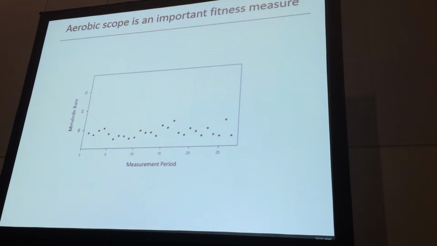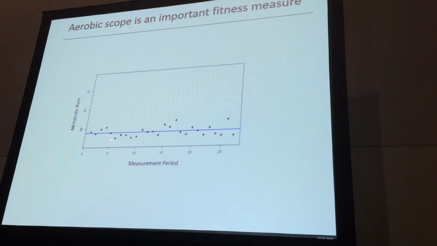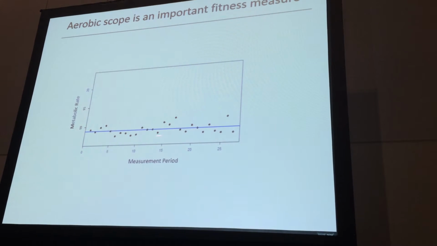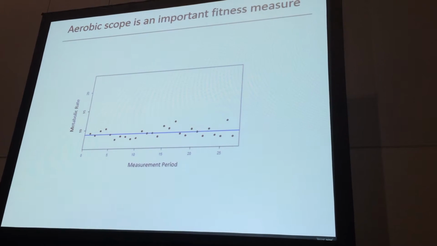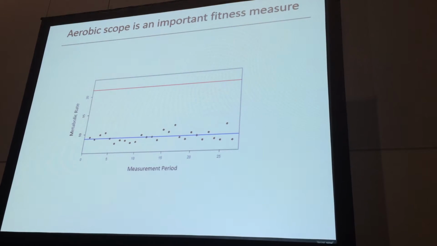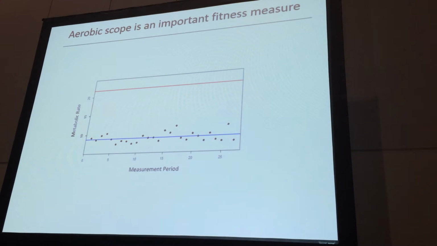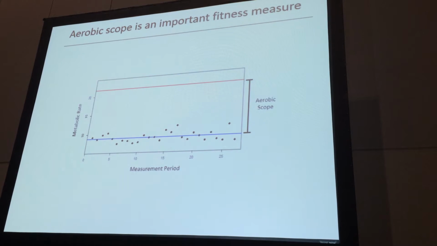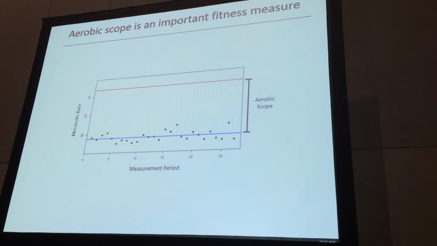If we think about resting metabolic rate throughout time, we know that individuals have small fluctuations, but generally have some minimal resting metabolic rate. Organisms can also raise metabolic rate to some maximum during exercise, and it's this difference between resting and maximum metabolic rate that's aerobic scope.